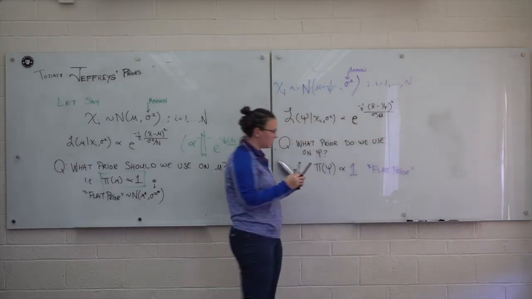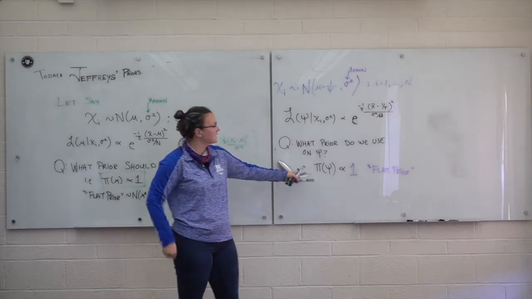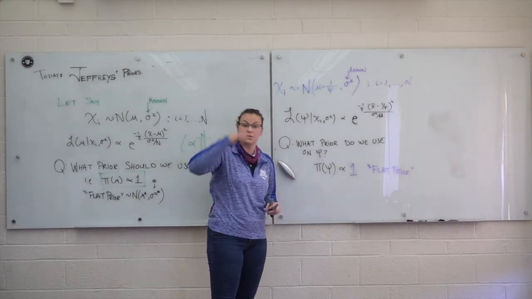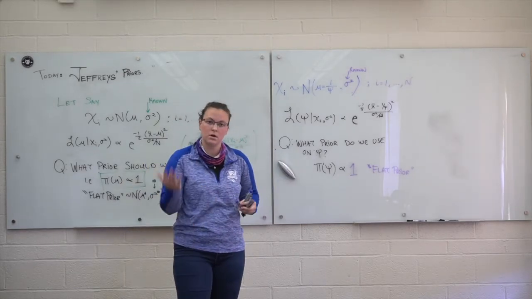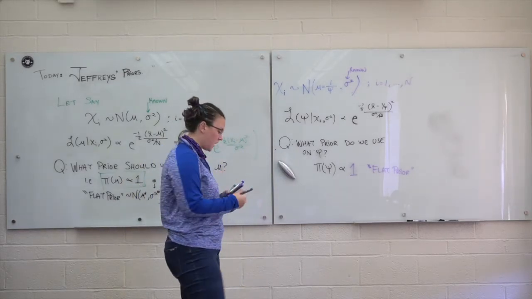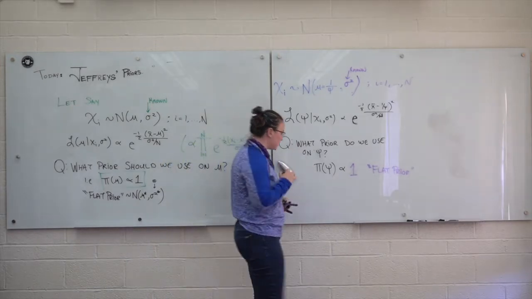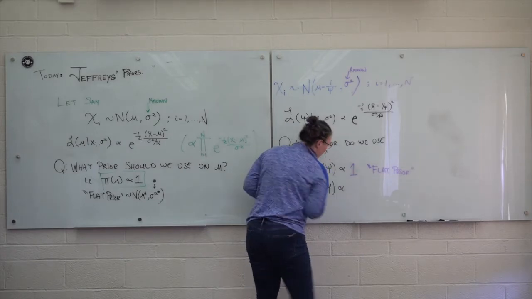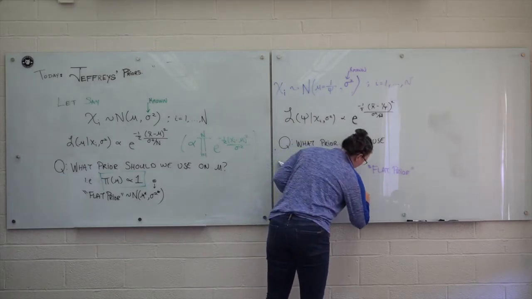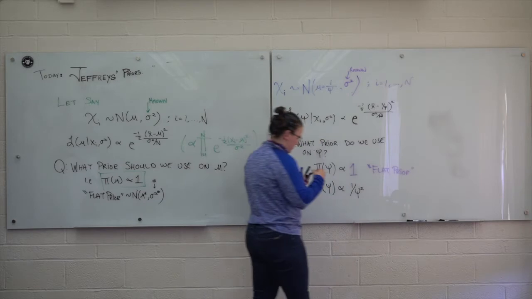And I had a lot of people agree with this. A majority of the class, I would say 11 out of 14 students, agreed. Seems like a reasonable option, okay? But then I had someone also propose proportional to 1 over psi squared.